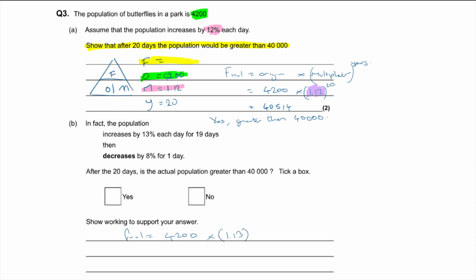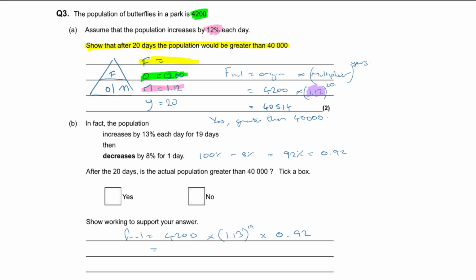Rather than 20, we're going to decrease it to 19, but then add that extra multiplier on the end, which is a decrease of 8%. So if you've got 100% and you subtract 8%, that leaves you with 92%, which as a multiplier is 0.92. So I'm going to multiply it at the end by another 0.92 to see what difference that makes.